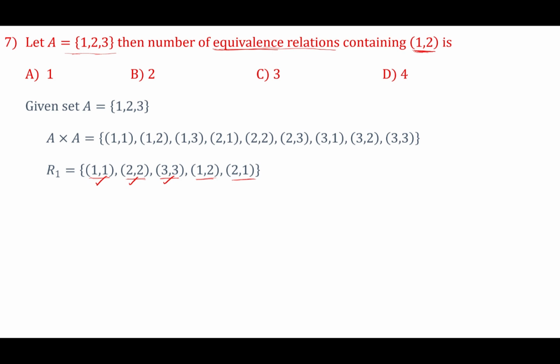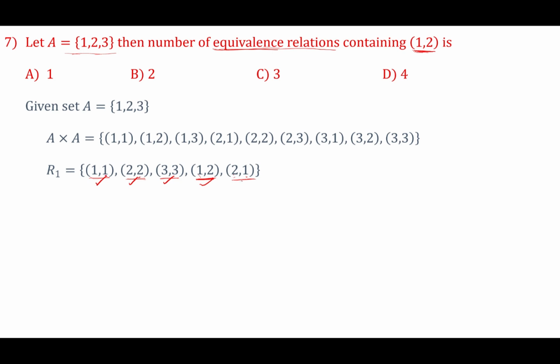Now I have to check the third one, fourth ordered pair. (1,2), (2,1), (1,1) must be there. It is there. Check. (1,2), (2,2), which means (1,2) must be there. It is here. So this satisfies the transitivity test. (2,1), (1,1), which means (2,1) must be there.